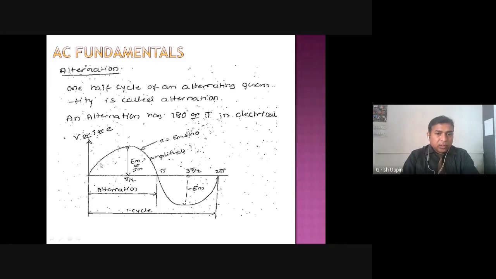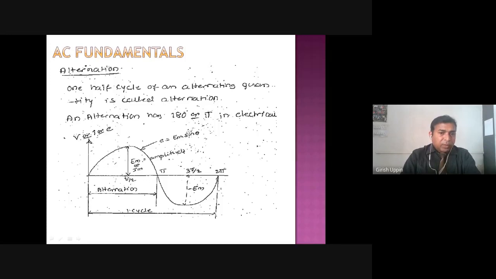So this is a representation of the different quantities. This is the time period to complete one cycle, T. On the y-axis, we are representing the instantaneous value, lowercase v or lowercase i, lowercase e, and this is the timeline, in this case theta or omega t.